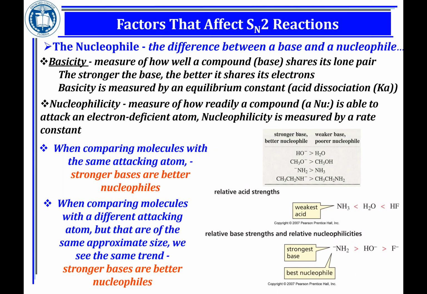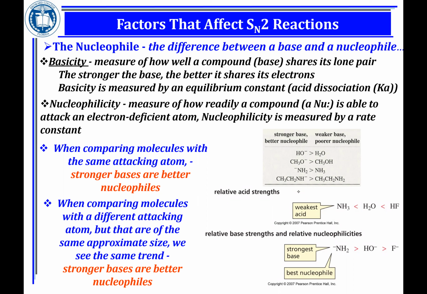A stronger base, a strong base, counts as a strong nucleophile, and a weak base is a weak nucleophile. So this is the third factor that we talked about before, like how hungry the person standing in the food line is, or how aggressive it is: the nature of the nucleophile.